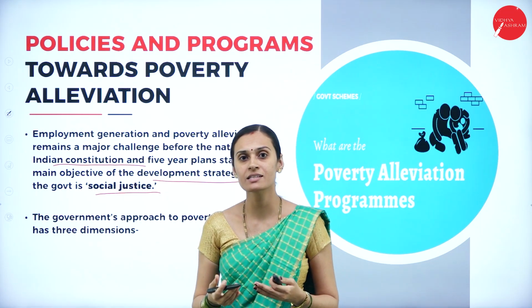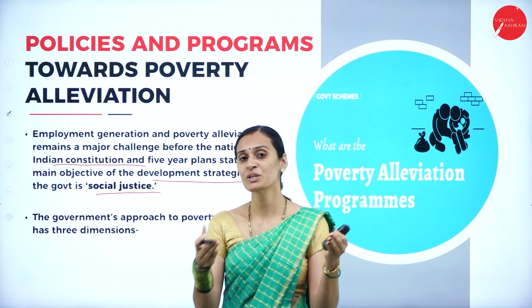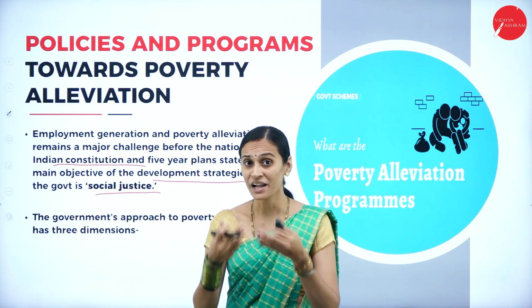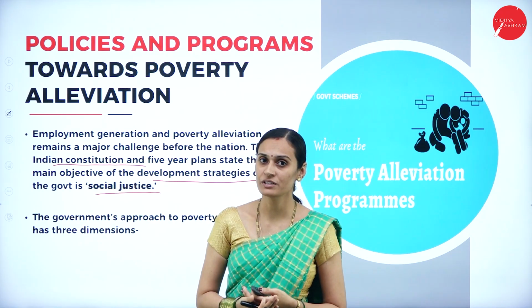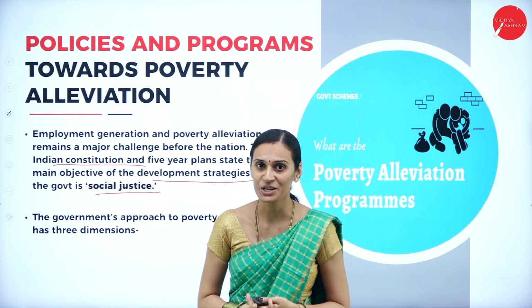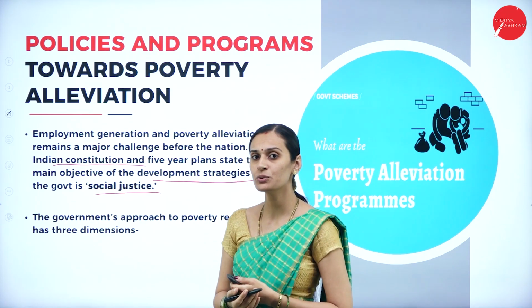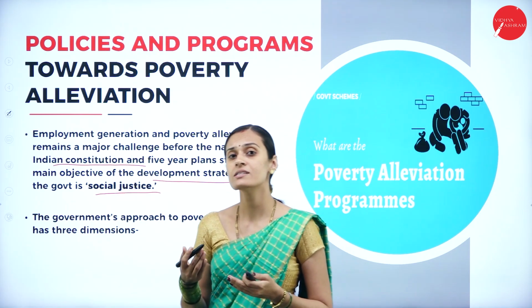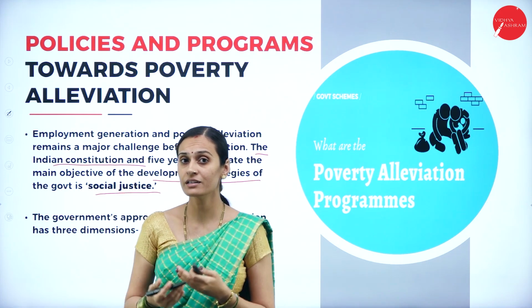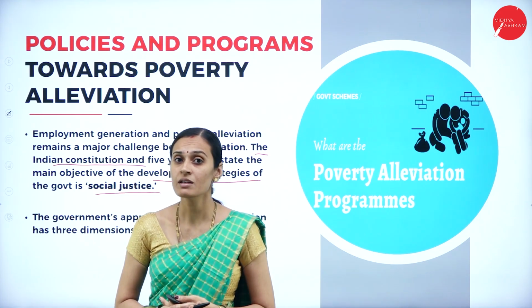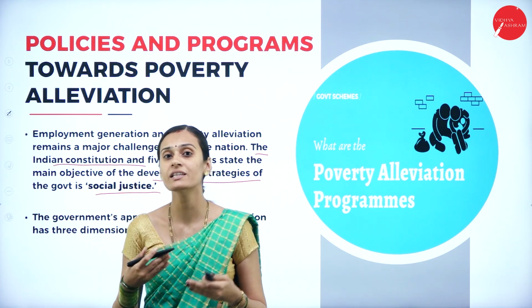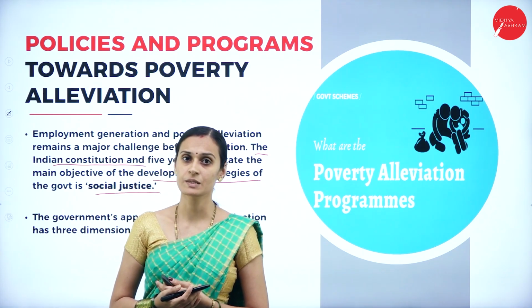Social justice means removing the gap between poor and rich through reductions in poverty and employment generation approaches. The government has taken several measures and policies and schemes to create employment opportunities.